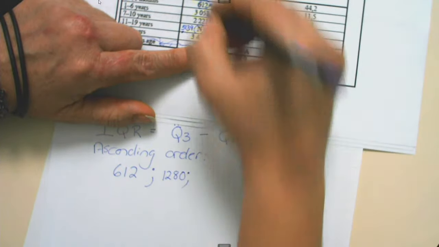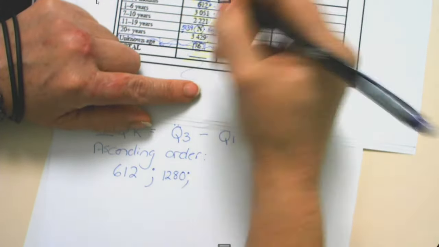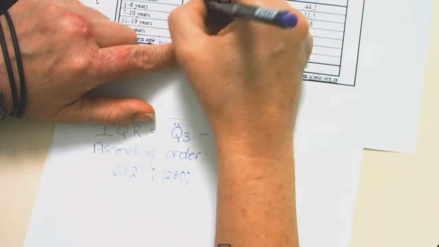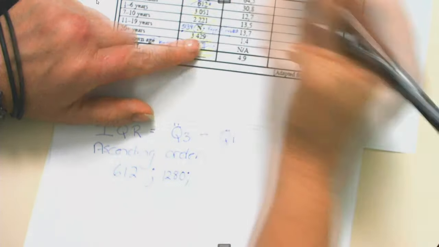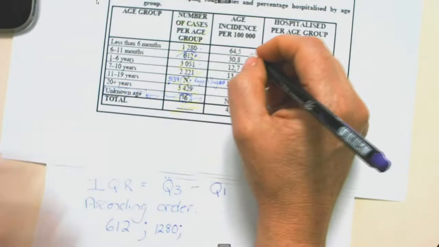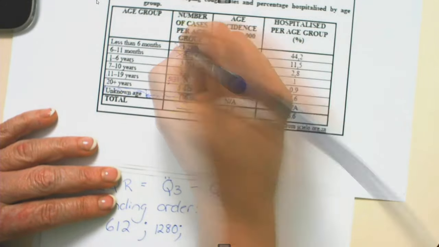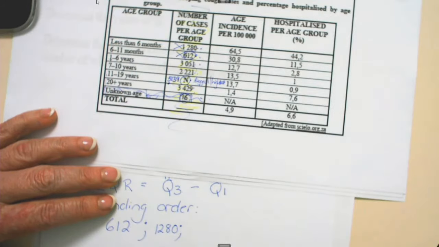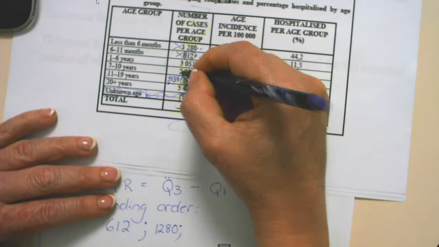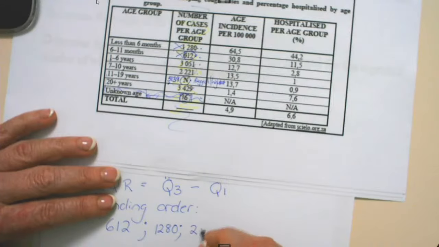1,280. I like, when I have written something down, to make some sort of mark so that I can remember I already wrote this one down. I also already wrote this one down. The next one that I'm going to write is then going to be this one, which is 2,221.